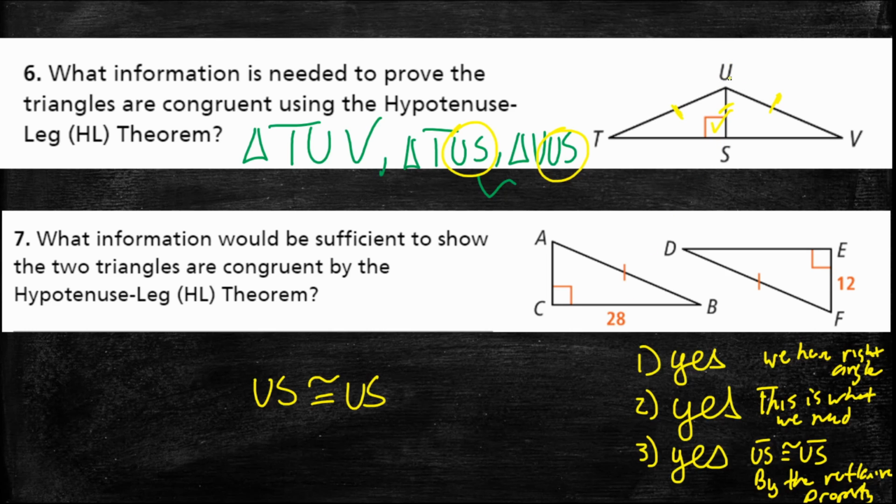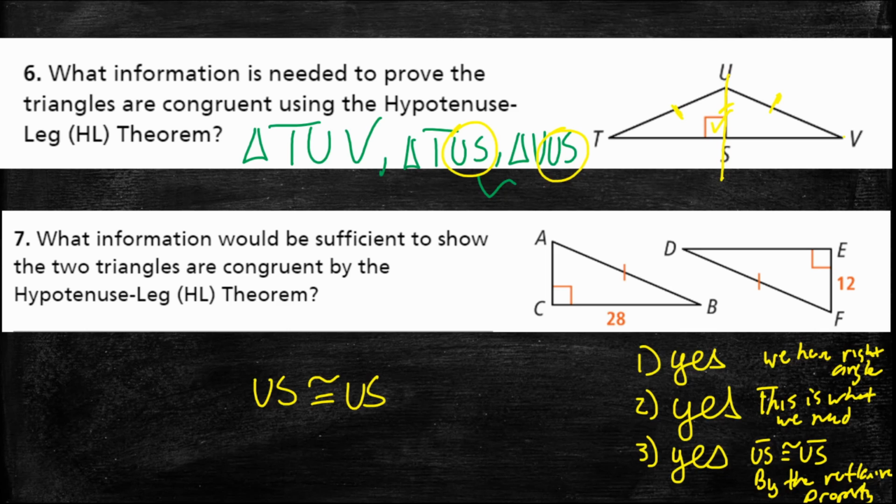This also tells me that if this is my line of reflection, V will map to T. U and S are on the line of reflection, and we know the identity of a reflection here is that they stay in the same spot. And then we would see automatically that the reflexive property is US is always equal to US. When I fold it over, it stays itself and it maps onto itself at the same time.